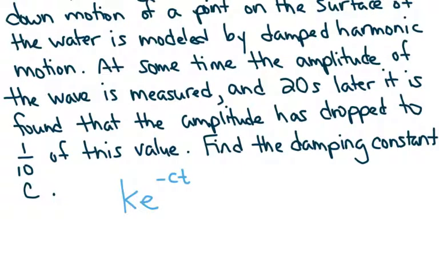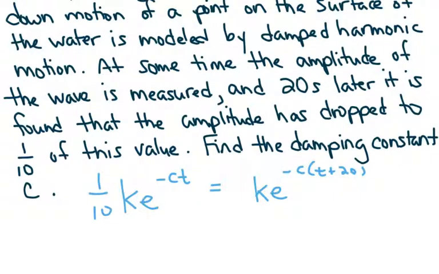So this is my initial amplitude, and then I have an amplitude 20 seconds later. That's going to be written as K e to the negative C(t plus 20). When they're equal to each other, the new amplitude, 20 seconds later, has to be 1/10 of the original one.